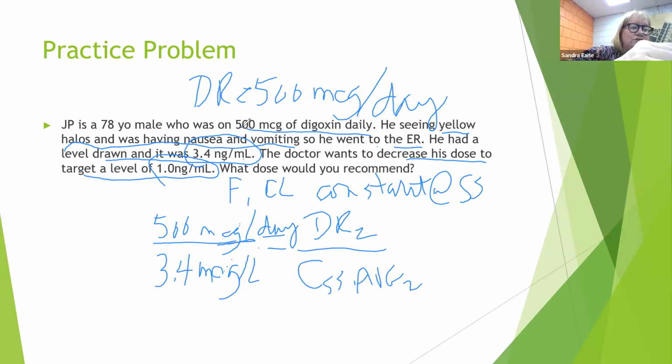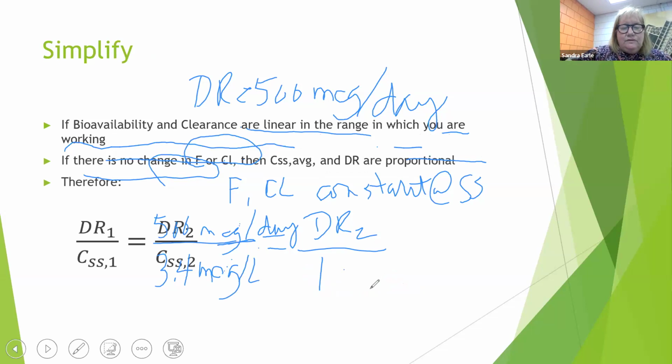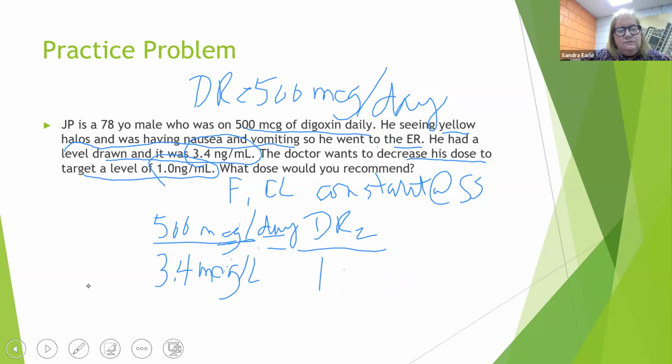So what's the new CSS average that we need? We need a target CSS average of 1 microgram per liter, because nanograms per ml is equal to micrograms per liter.